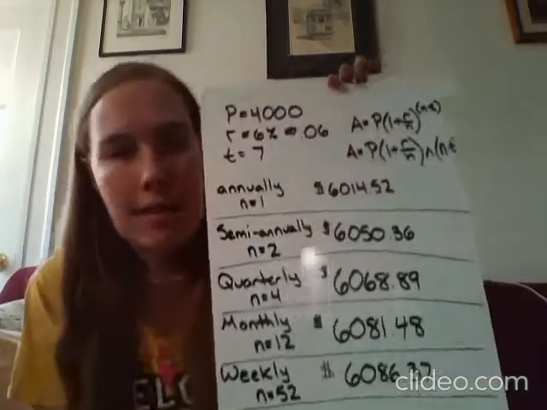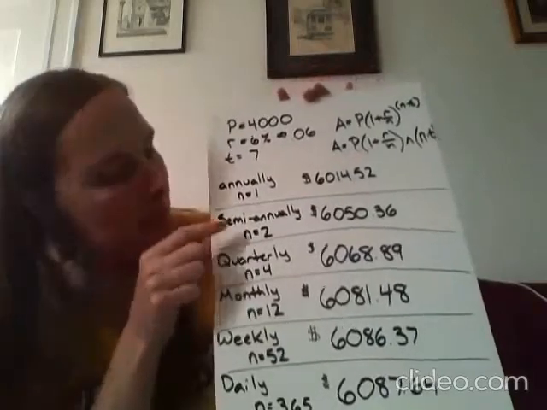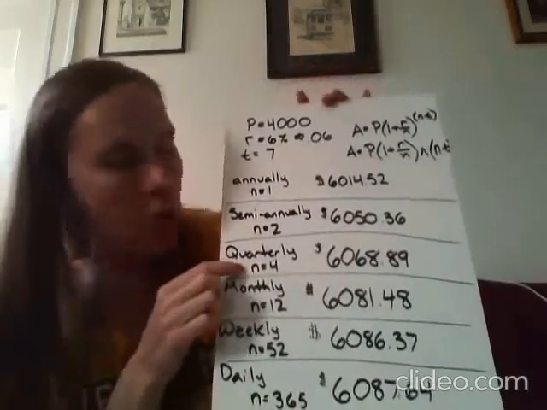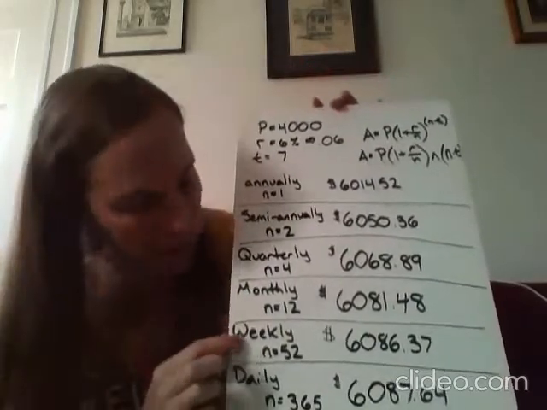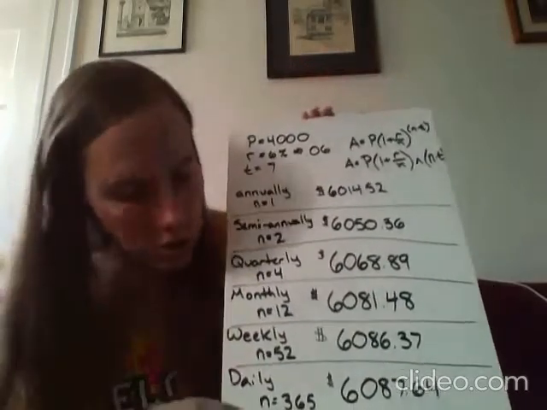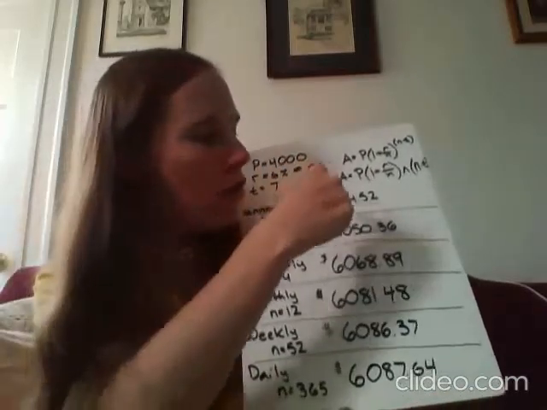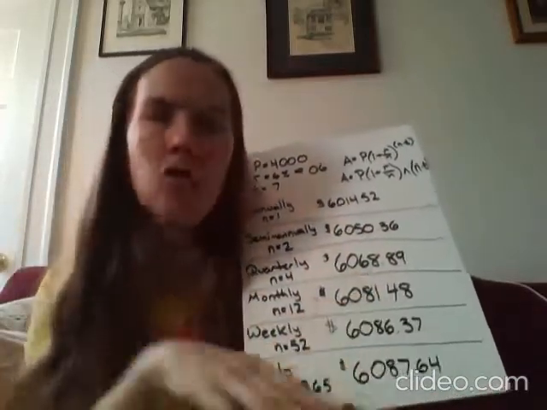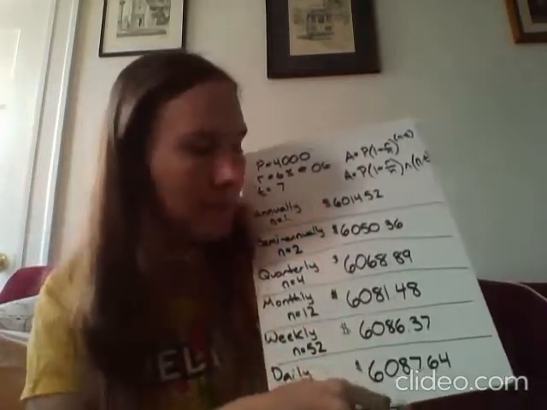So when you do this, notice how annually n is 1, semi-annually n is 2, quarterly n is 4, monthly n is 12, weekly n is 52, and daily n is 365. The more you compound, so the more times it happens in a year, the more money you get.